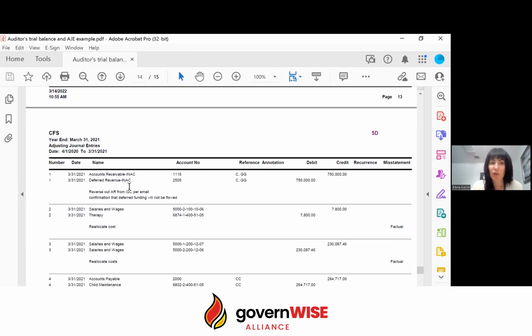So we look at the first journal entry here. They have an account to post it to, accounts receivable INAC, and then the second account, deferred revenue INAC, right? And then they have a description of what they're doing here and the amounts. So even if we're not comfortable with making journal entries in the system, all we need to know is how to post them.